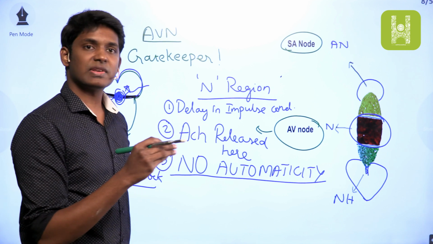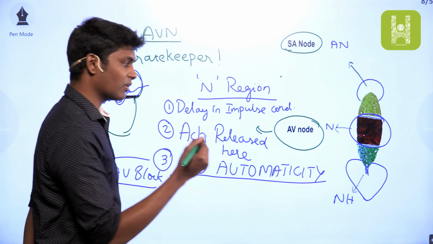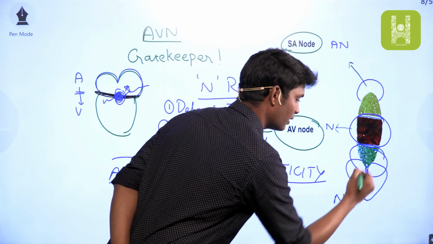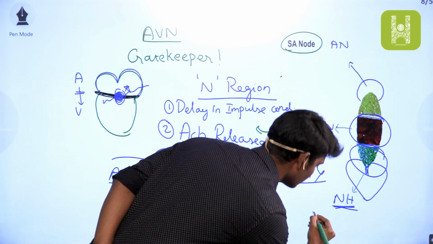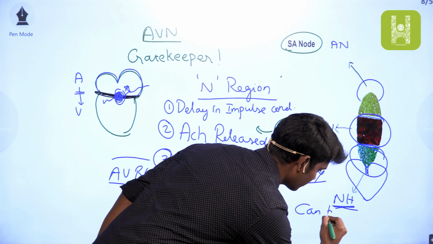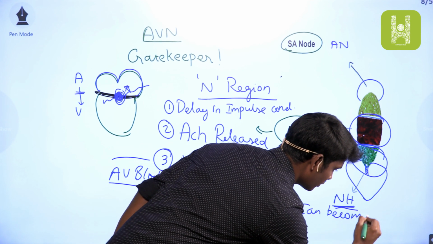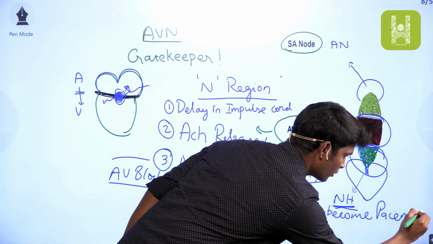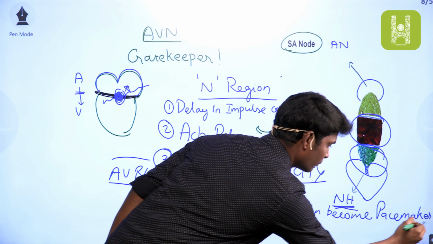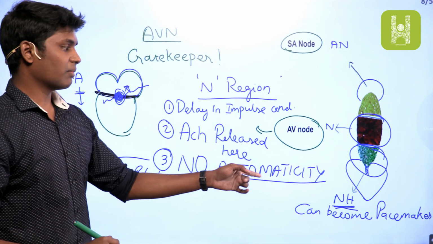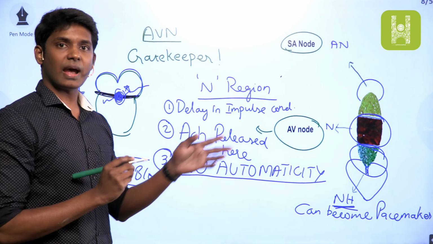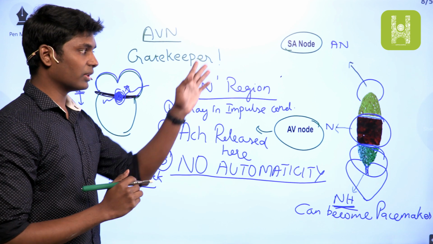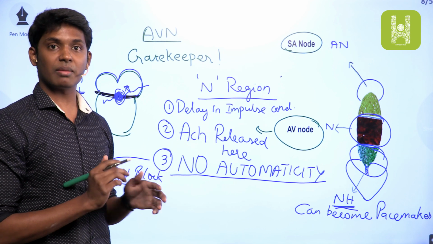If there is any impulse which has to originate from the AV node, then you have to understand it should be from the NH region. So this can become a pacemaker of the heart at the times of complete AV block. So these are the important things which you should remember about the AV node.